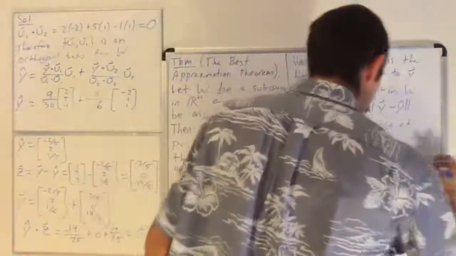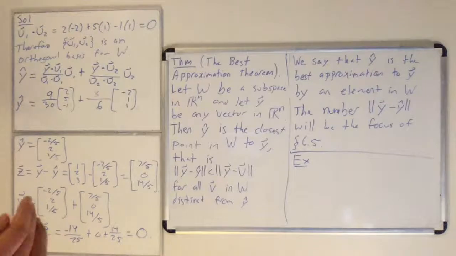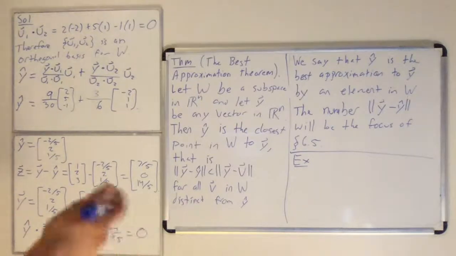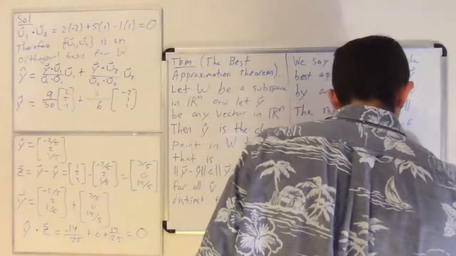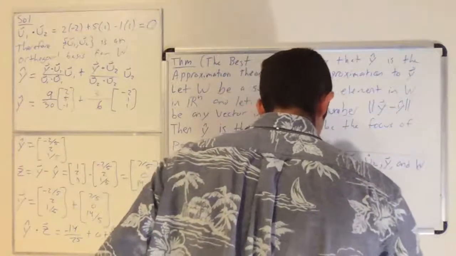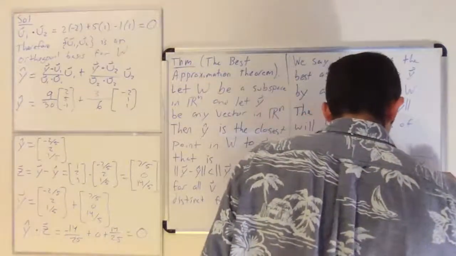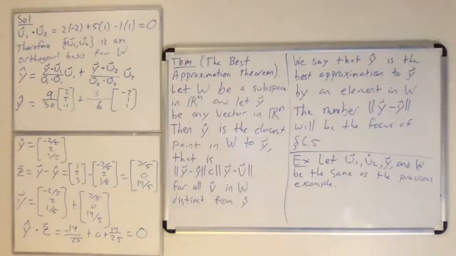Okay, let's take a look at an example. We'll let U1, U2, Y, and W be all the same as the previous example. The question is, find the closest point to Y in W, and how far away are these points?